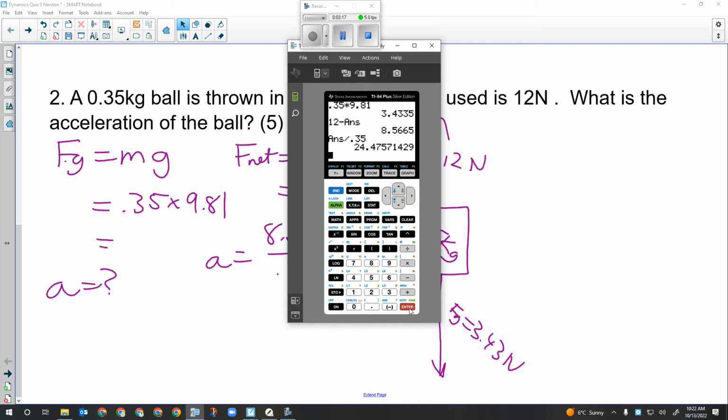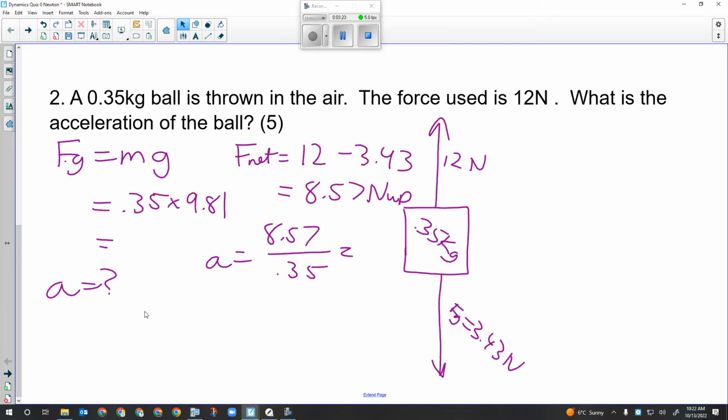So the acceleration of the ball is going to be 24 meters per second squared up. Is that a fairly basic question? Yes. It's no harder really than the ones we did yesterday with friction acting one way and people pushing the other way. We just have to remember that for an elevator, gravity is going to be one of our forces.